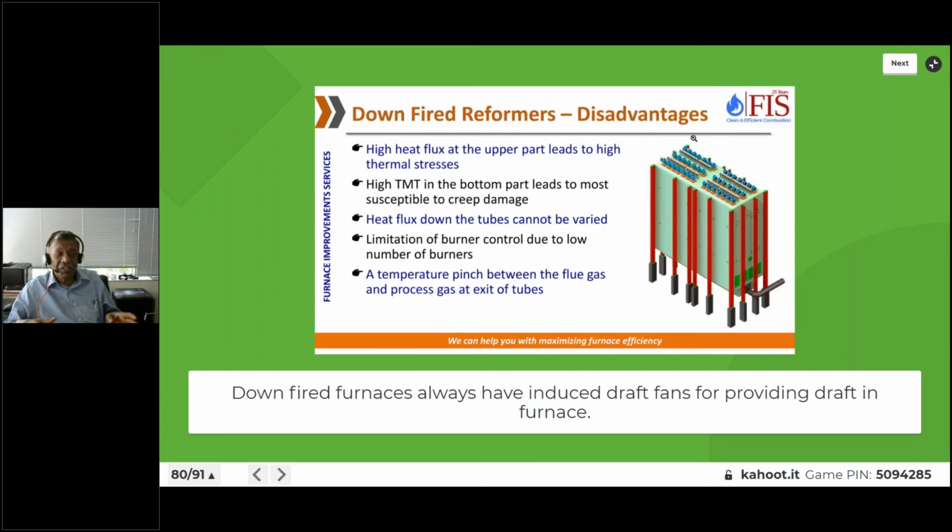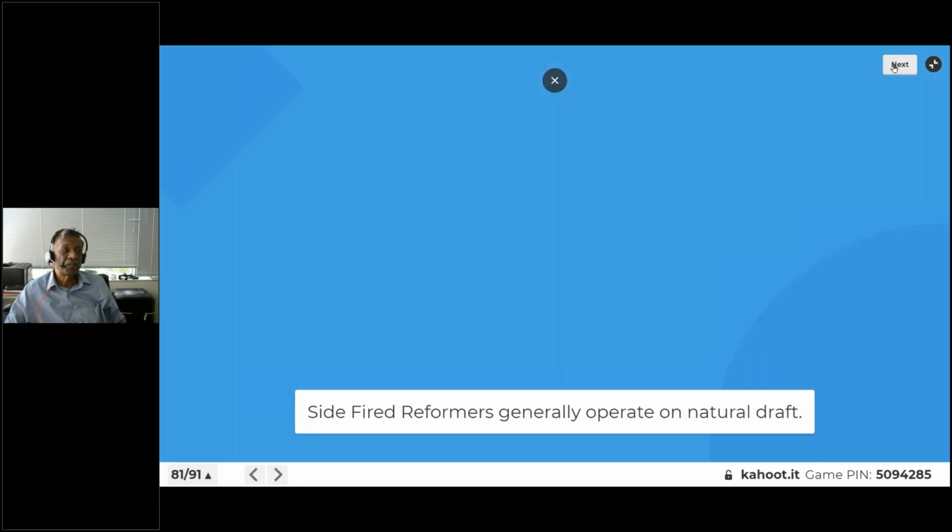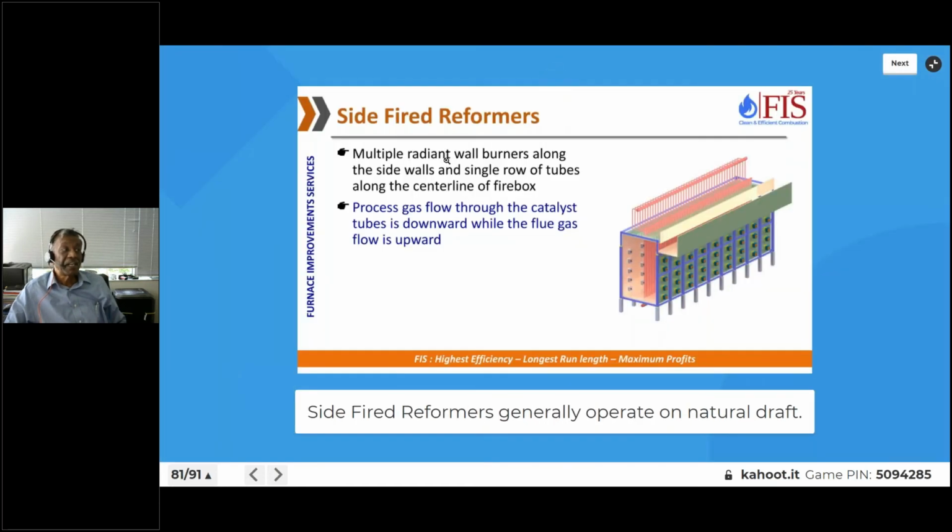So most of the reformers suffer from flame impingement problems and high tube metal temperature problems, because that's just the nature. You're trying to have the flame straight, but it is not possible because you're firing down. Anytime you fire down, you will see the flames trying to go up.